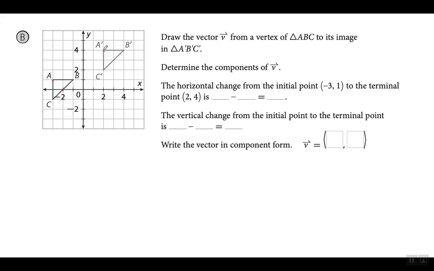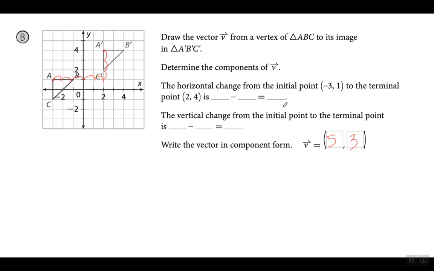You could have chosen B to B prime or C to C prime, right? So point A is going to go to the right. 1, 2, 3, 4, 5. And it's going to go up 1, 2, 3. And there's my answer. Okay?